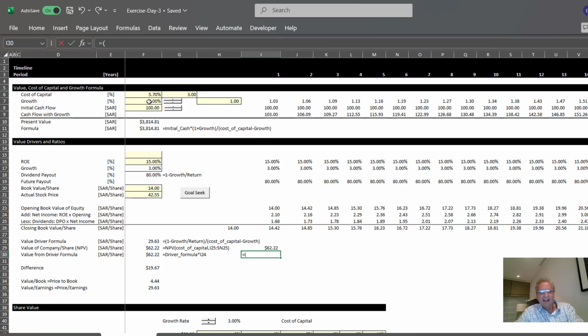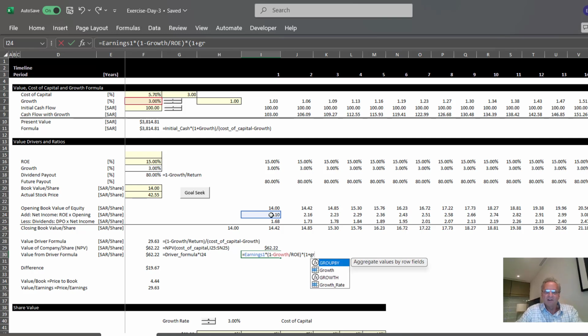You take the earnings times the dividend payout ratio to get the dividend, and you put 1 minus g growth down here, divided by ROE, okay? And you multiply that by 1 plus the growth rate. You always have to make that little adjustment, okay? And then you take that whole thing and divide the whole thing by K. That's the cost of capital minus the growth, okay? And that just proves that's the famous value driver formula.